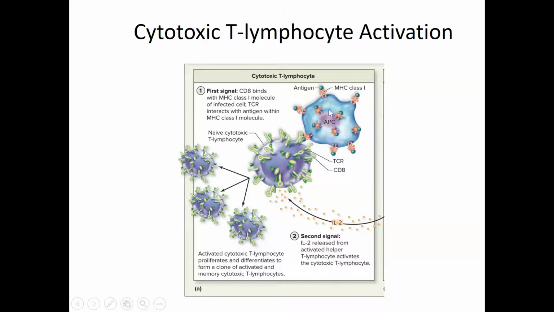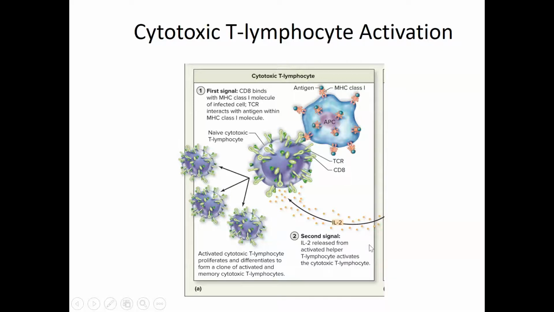And here is a normal body cell with MHC1 and some foreign antigen coupled to it. And let's say it's a viral antigen. And here's the match, binding of antigen receptor to the foreign antigen and CD8 binding to MHC1.